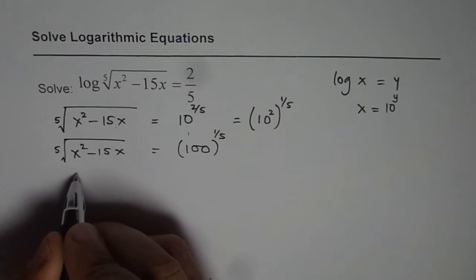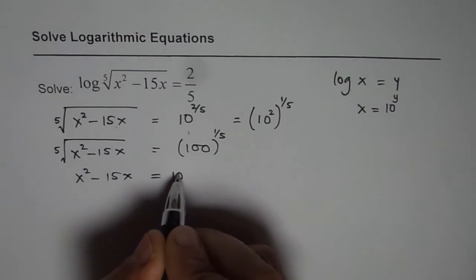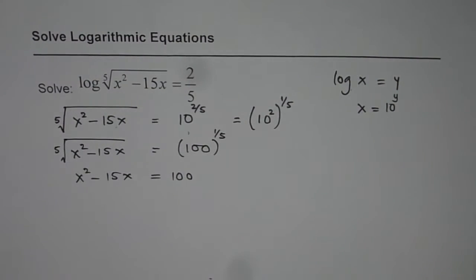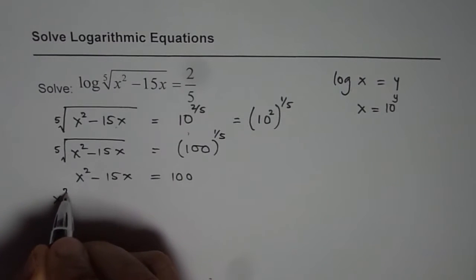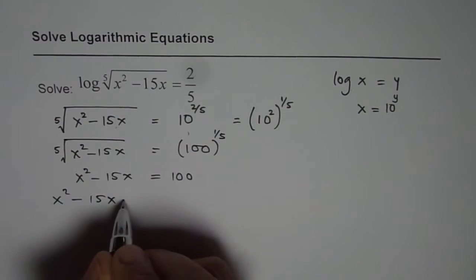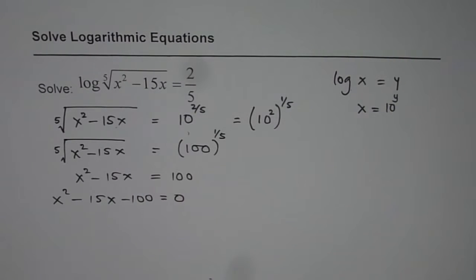So now we can write x squared minus 15x equals 100, right? So we now get a quadratic equation to solve. Bring 100 to the left side: x squared minus 15x minus 100 equals 0. Now you can factor.